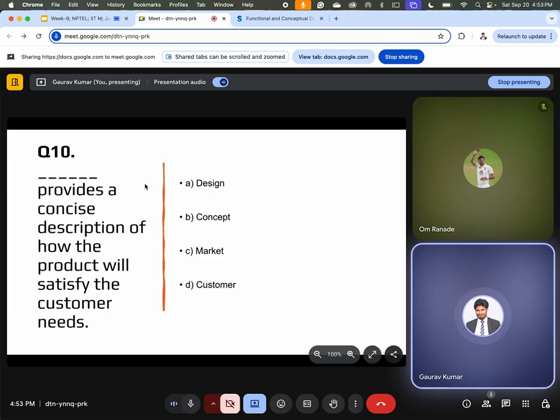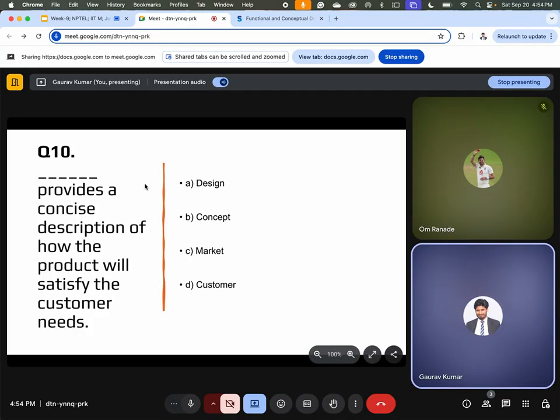Basically, a concept serves as a concise description of how a product will satisfy customer needs, and it is the link between abstract user requirements and practical design solutions. Concepts outline what the product is intended to achieve without yet detailing the complete engineering design. This stage is critical because it allows stakeholders to evaluate whether the proposed directions align with customer expectations and business goals.